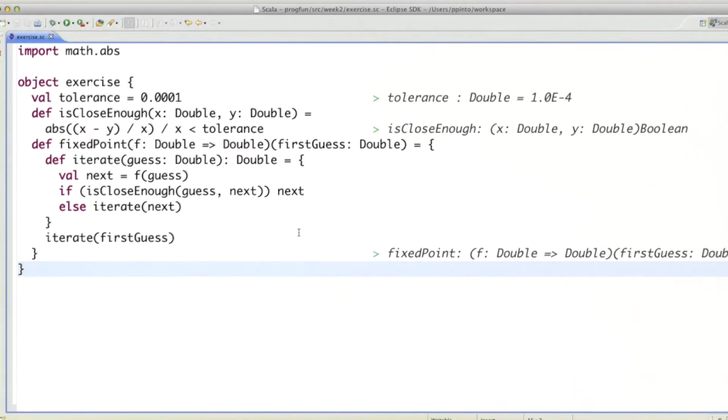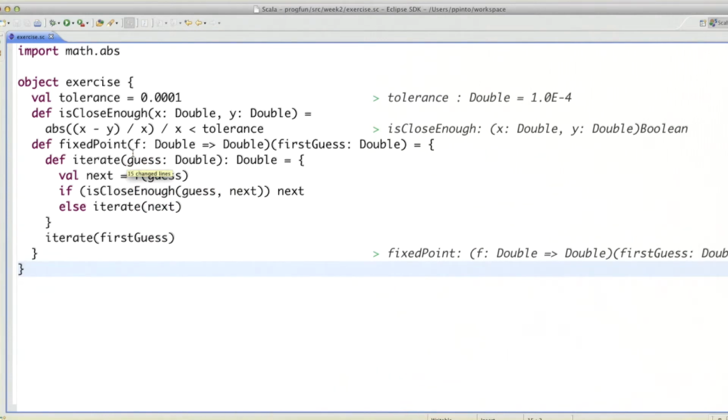That algorithm, if you look at it closely, is a close derivative of what we did for square root. We have essentially an iteration method that tests whether our guess is close enough to the result, and if it's not, then we iterate, and the improve method that we had in the square root would now be this f method that we pass as a parameter.